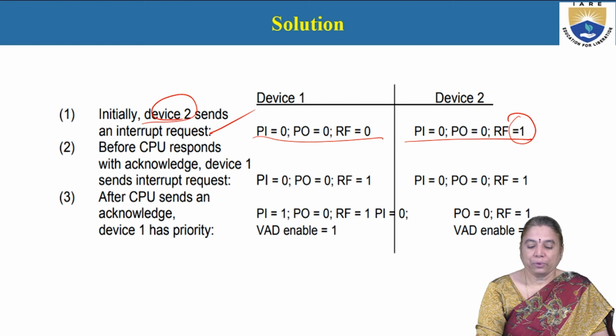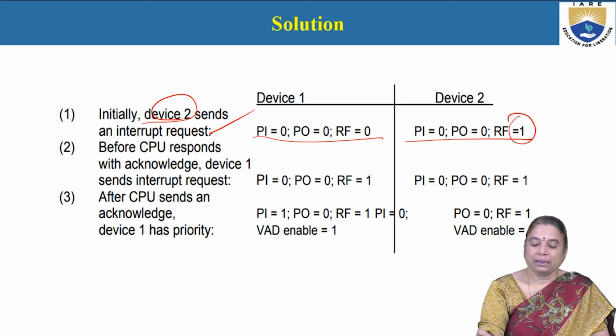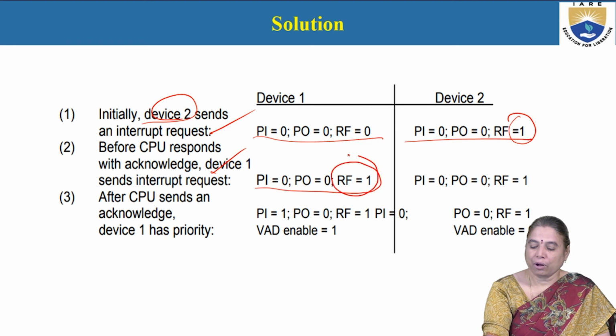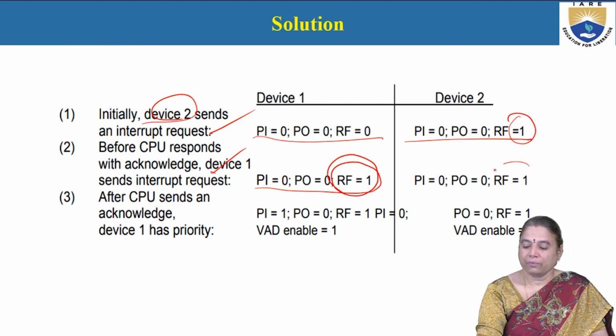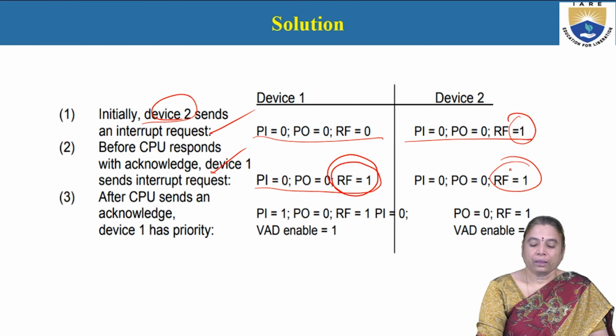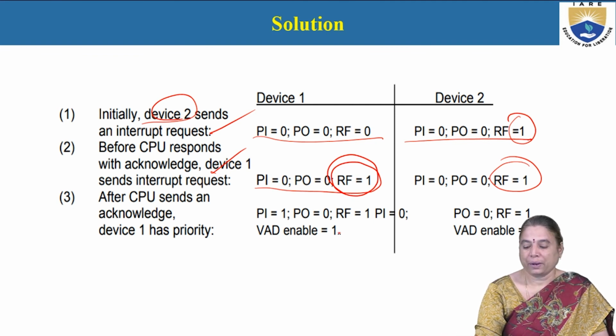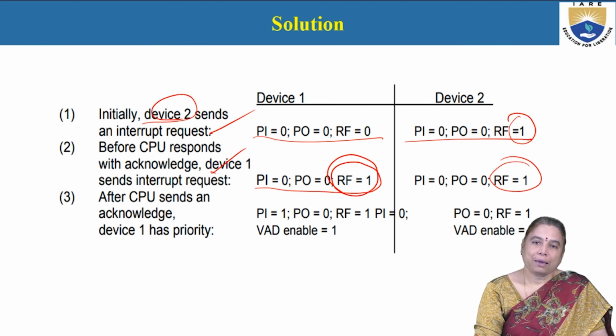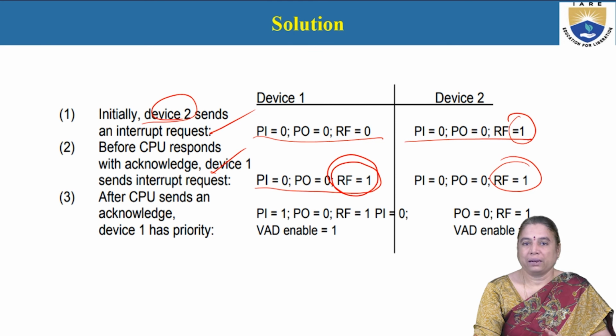Before the CPU responds with acknowledge, device 1 sends the interrupt request, so the RF value of device 1 can be 1 and device 2 can also be 1. After the CPU sends an acknowledge, device 1 has the high priority. So it is the priority interrupt problem. 2 interrupts can be raised simultaneously.